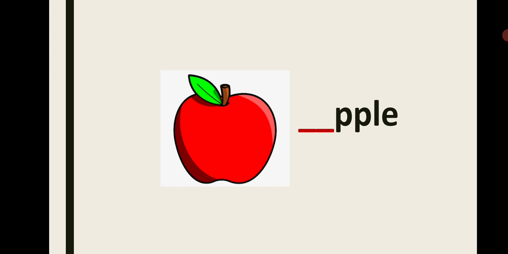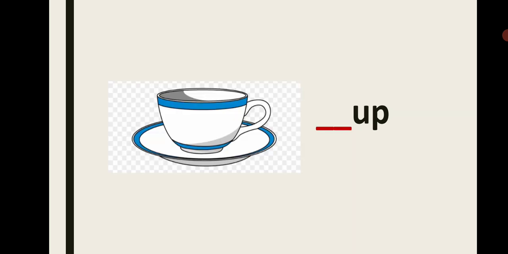Apple. It's very easy. Everybody knows. Apple. A letter is missing. Good. Apple. Cup. Which letter is missing? Tell me.